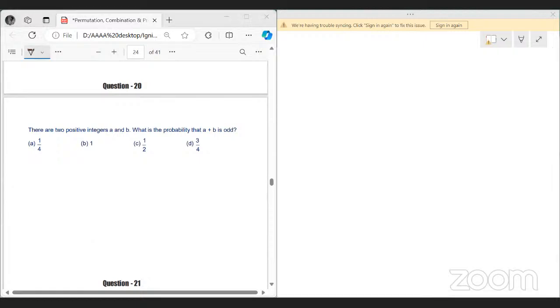Now the problem is pretty simple. Now, A and B, you don't know what these numbers are, right? Let me write it here.